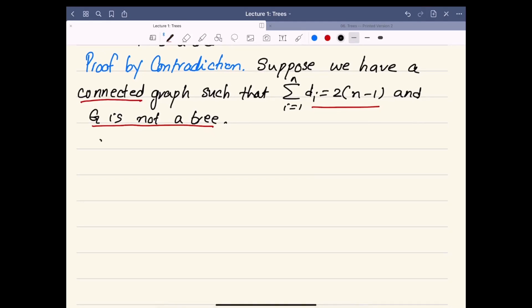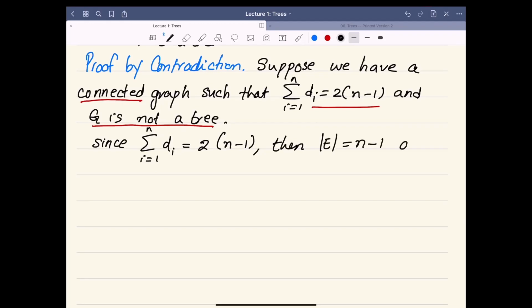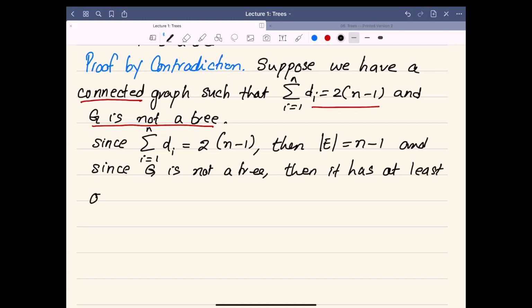So now we are going to write here, since the total degree is equal to 2 times n minus 1, then the number of edges is equal to n minus 1. And since G is not a tree, then it has at least one cycle.